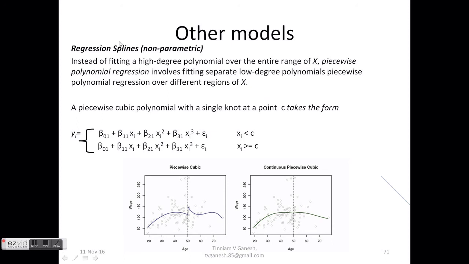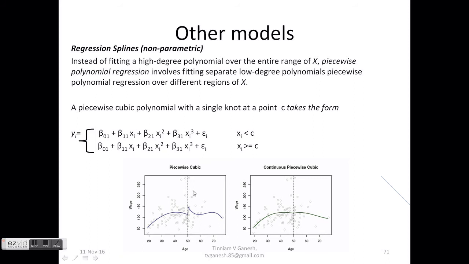There are other models, for example, regression splines. If you had data spread like this, instead of trying to fit one nonlinear curve over the entire region, we try to specify the response as a sum of different polynomial functions. From this region to this region we use one polynomial function, and for this we use another. It's known as piecewise polynomial regression.